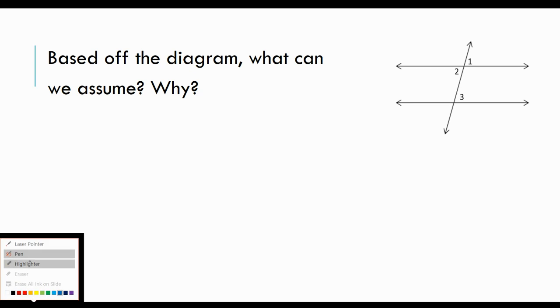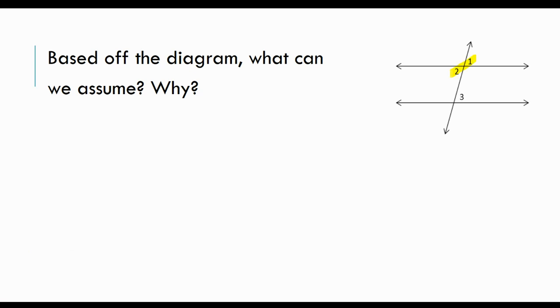However, hopefully we notice that in this picture, angle 1 and angle 2 are sharing the same vertex and they are directly across from one another. Okay, so because they are across from one another and they share a vertex, I can say that angle 1 is congruent to angle 2.